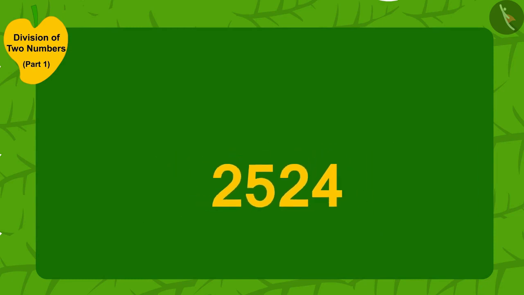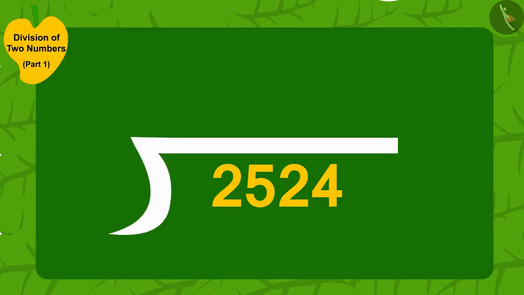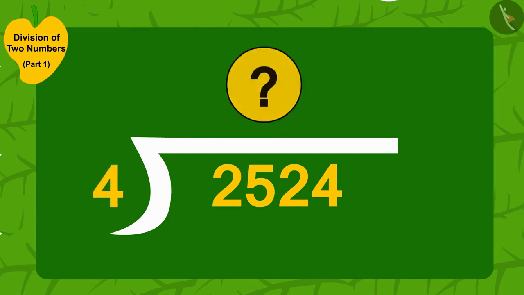Children, if Badbole uncle had 2,524 mangoes, could you use the same process of division learned now to find out how many villagers he would be able to distribute 4 mangoes each to? If you want, you can stop the video and find the answer.